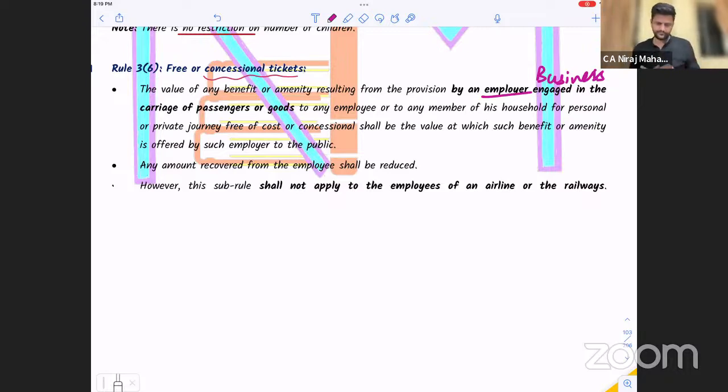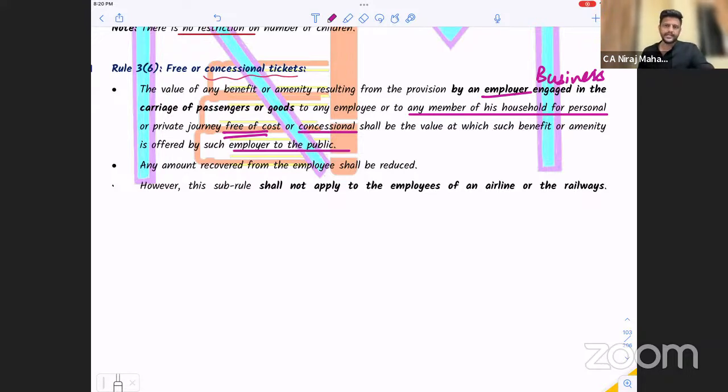What is provided to an employee or any member of the household for personal or private journey free of cost or at concession shall be valued at the value at which such benefit or amenity is offered by the employer to the public. Basically, again, fair market value: the same ticket price which you would have charged to the public.